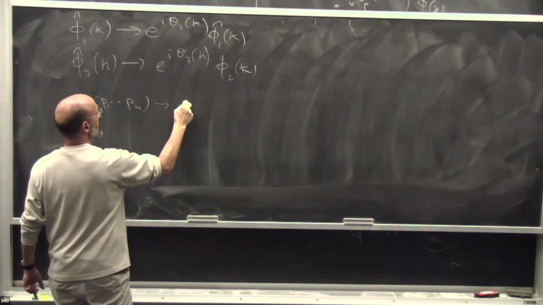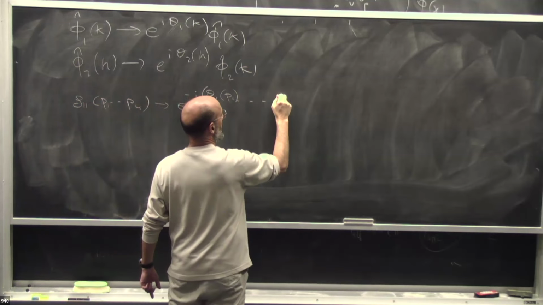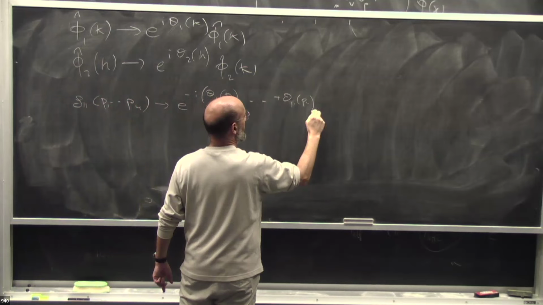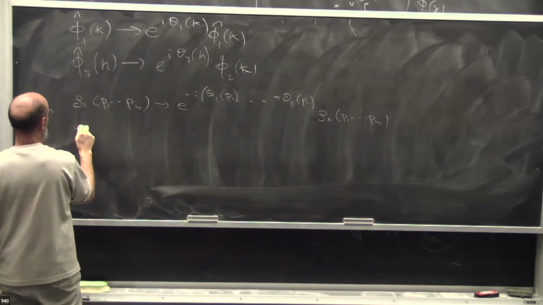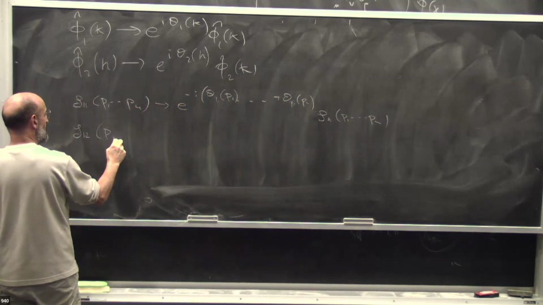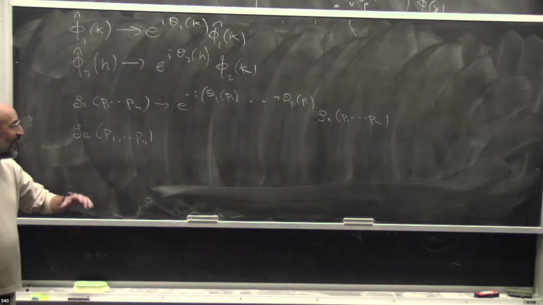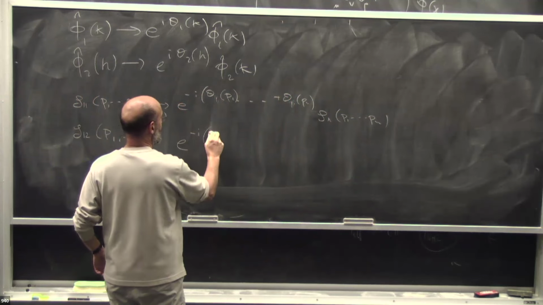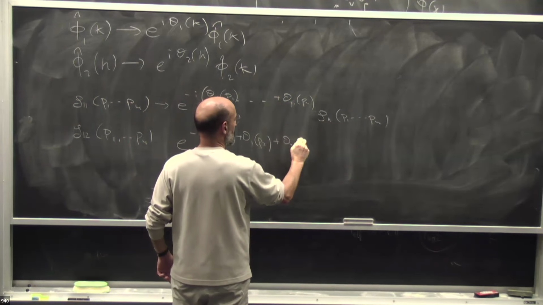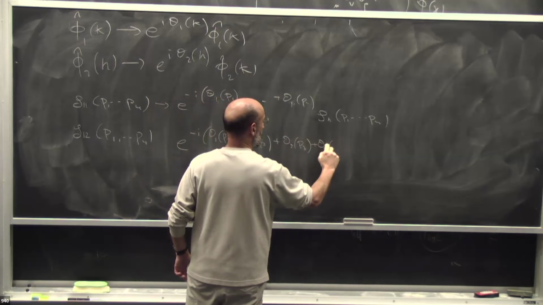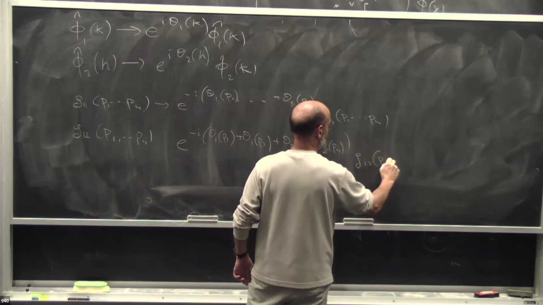G11 can be extended to an object like this that goes into e to the minus I theta 1 P1 plus theta 1 P2 plus theta 1 P3 plus theta 1 P4, and a similar thing for G12, actually slightly different because G12 has 4 legs, 2 on phi1 and 2 on phi2, so it's e to the minus I theta 1 P1 plus theta 1 P2 plus theta 2 P3 plus theta 2 P4, G12 of P1 to P4.